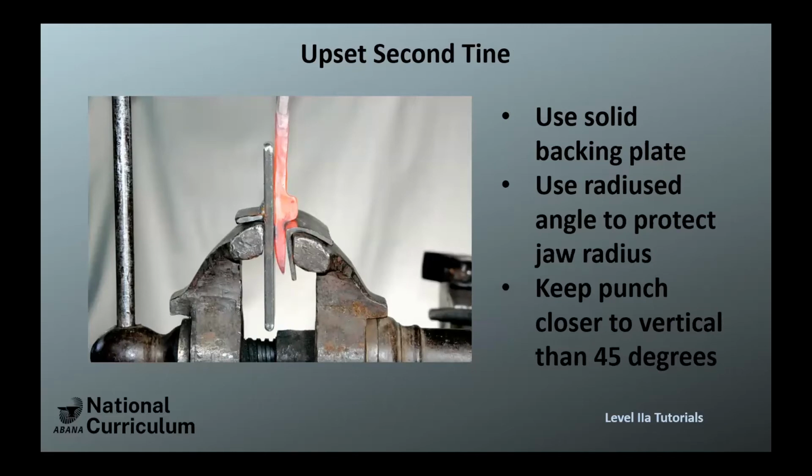This is probably the most iconic part of the scrolling fork and the skill that's probably the best learned with this tool, and that's upsetting this tine. You can either use an angle or just weld a piece of flat bar here, and then you need to have this radius.